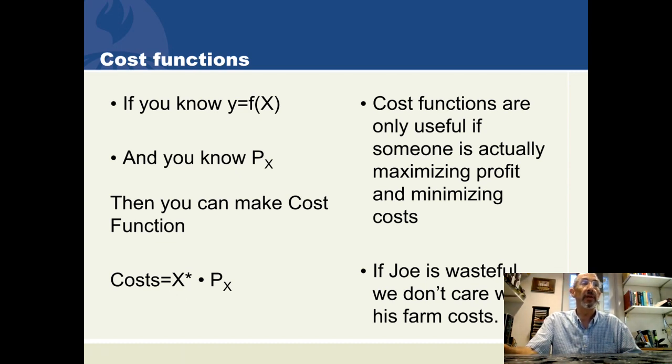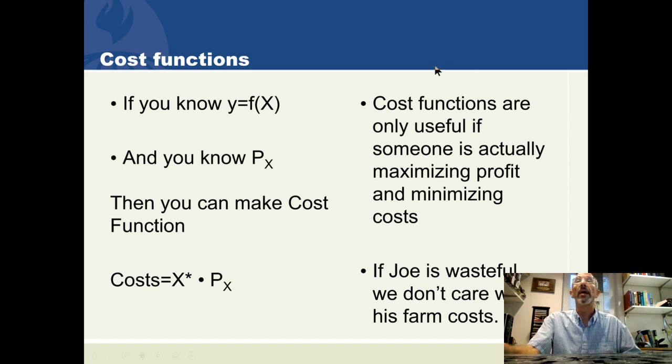It tells you a very wasteful way of making corn, and nobody wants to listen to it, and you're wasting your time talking about it. Only study costs of farmers and production agents that are optimizing and using the profit maximizing inputs into their production process.